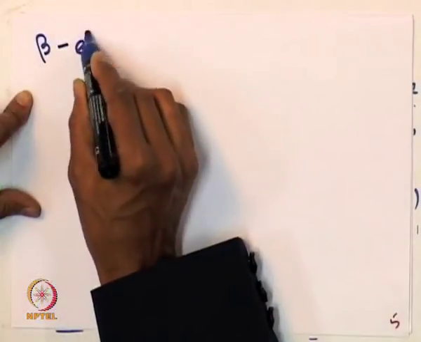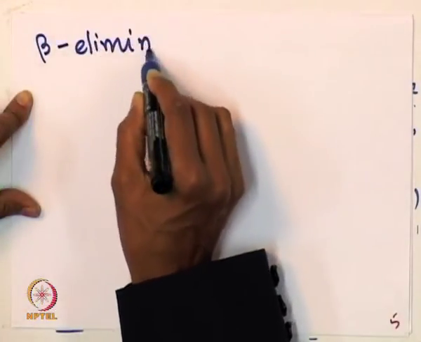Of course, we will try to discuss with one example as always, and try to discuss further if today time permits. Let us see. So, beta elimination in general, that is what it is called.